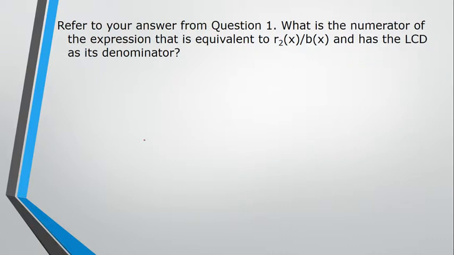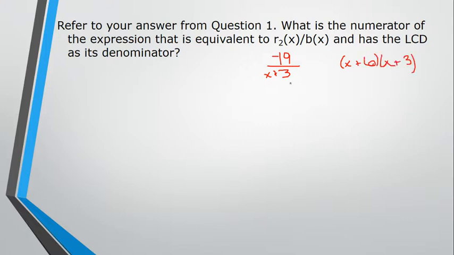Refer to your answer from question 1. What is the numerator of the expression that is equivalent to r2 of x over b of x and has the LCD as its denominator? So we're going to do a similar thing to what we just did in the previous problem, except now we're using r2 of x over b of x. So you first got to recall what your r2 of x over b of x is. So negative 19 over x plus 3. Then remember that our LCD is x plus 6 times x plus 3.